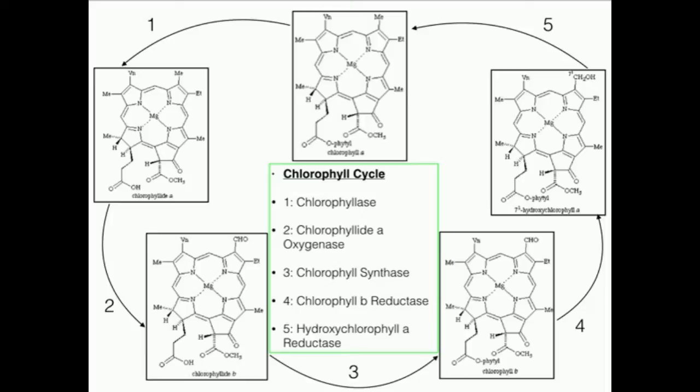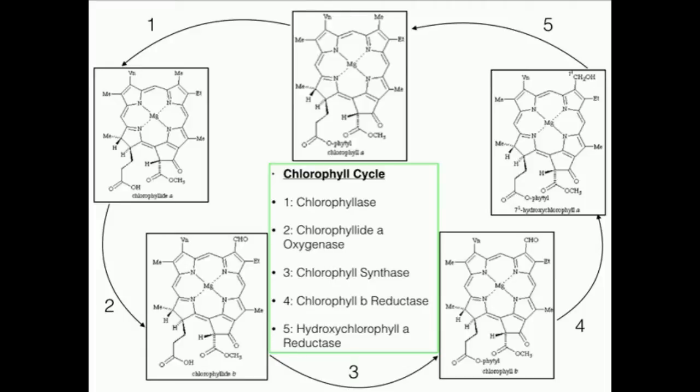Then, once we have chlorophyll B, we can either use the chlorophyll B or we can convert it back to chlorophyll A as a balancing act. The chlorophyll B can react with chlorophyll B reductase, enzyme 4 right here, and notice the aldehyde gets reduced to an alcohol.